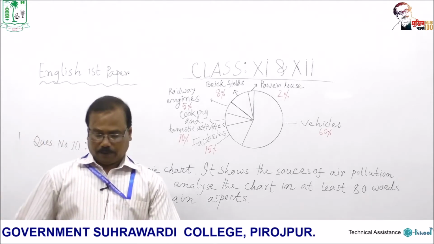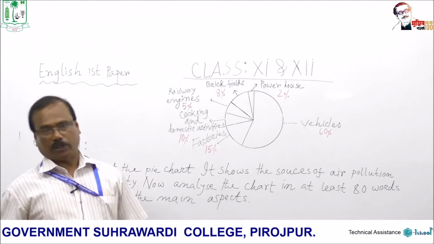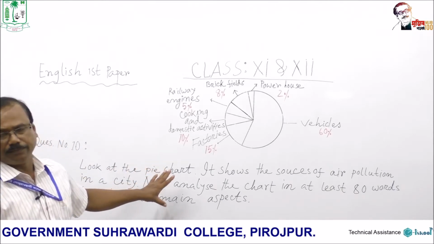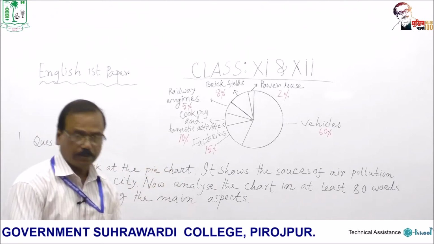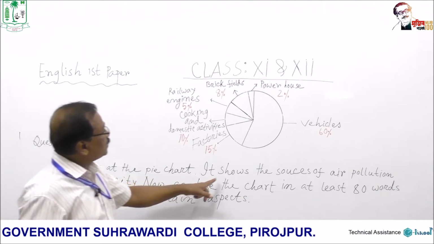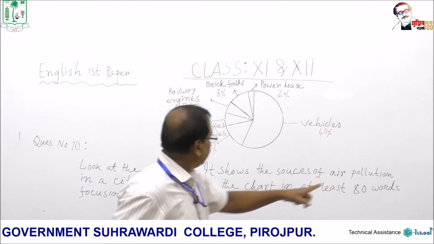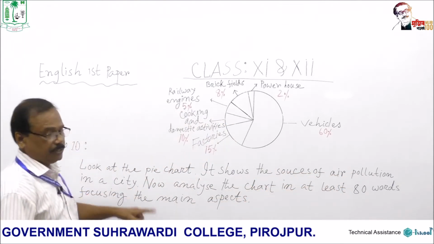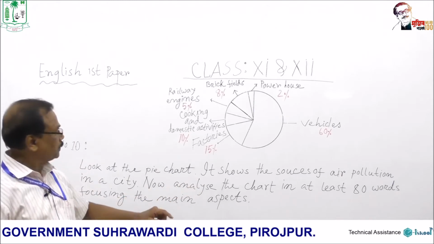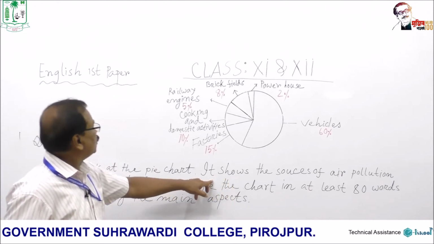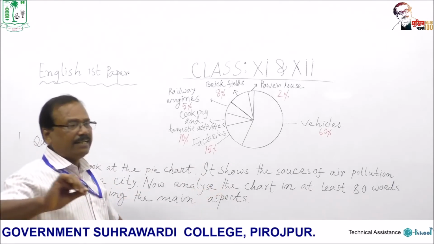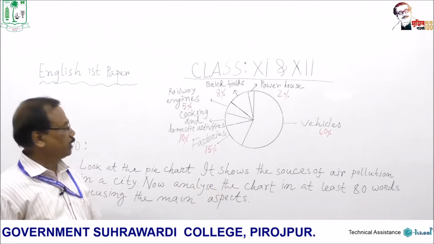Now, when you will begin answering the question, look at the question that is set on your question paper. Question number 10, look at the pie chart. It shows the sources of air pollution in a city. When you will write the answer, you can follow the question. It shows, it means the pie chart. You will begin answering the question like this.